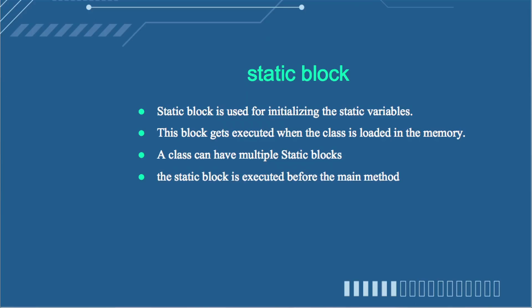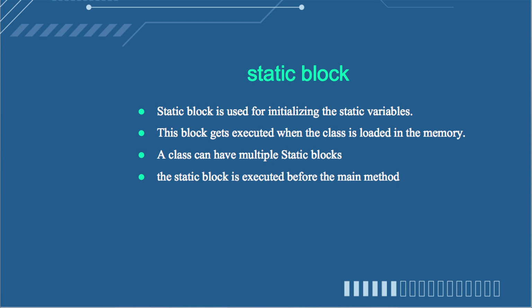The next part is the static block, which is part of the static members in Java. A static block is used for initializing the static variables. This block gets executed when the class is loaded in memory.